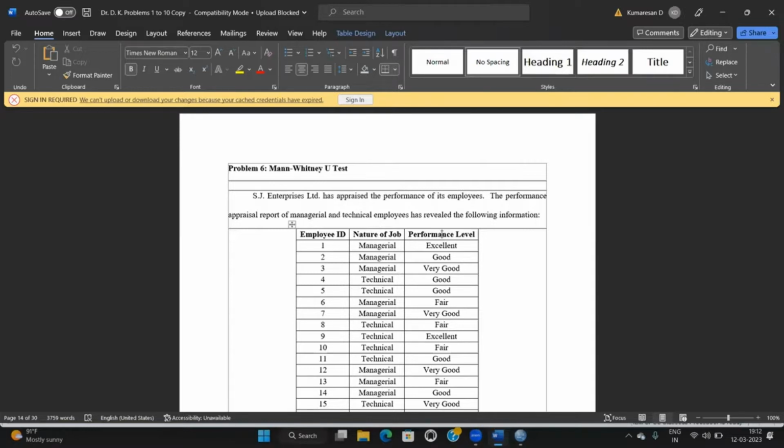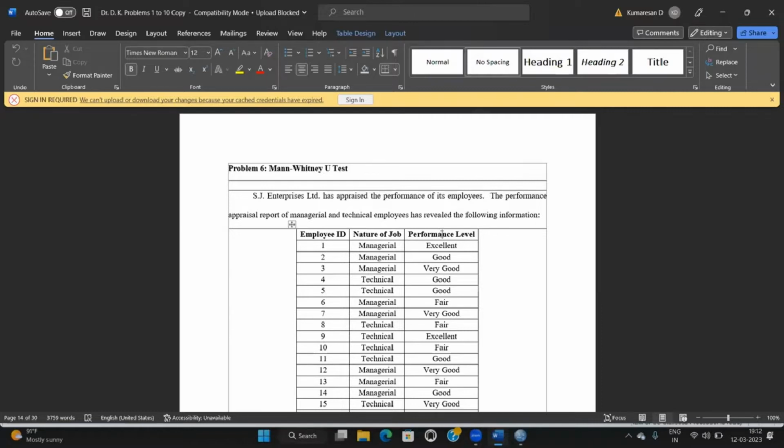The similarity is that the samples are divided into two categories.